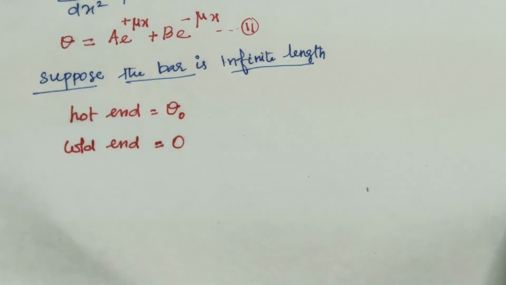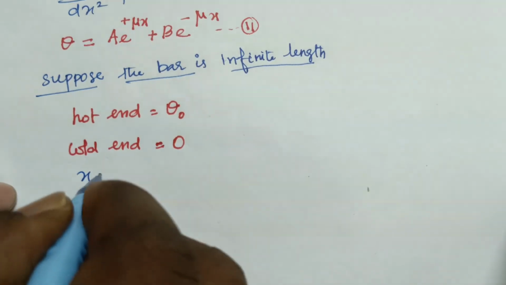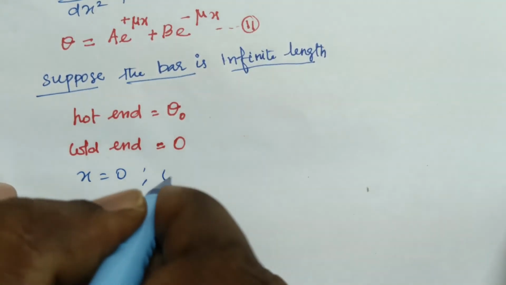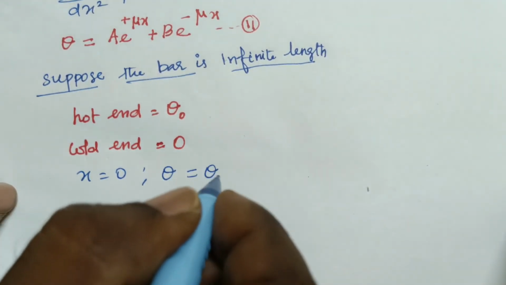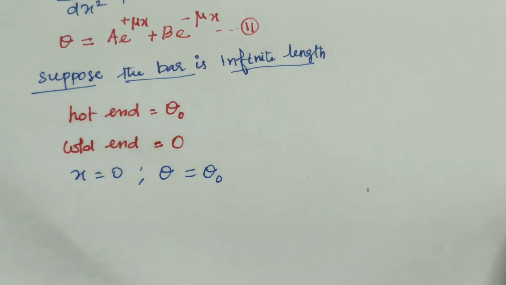First boundary conditions, நம்ம இதிலிருந்து ரெண்டு boundary condition எடுத்துக்கிறோம். That is x equal to 0, then theta equal to theta 0.